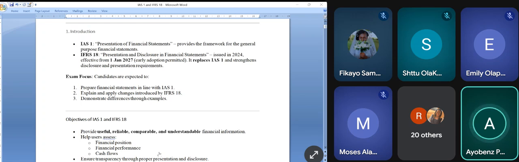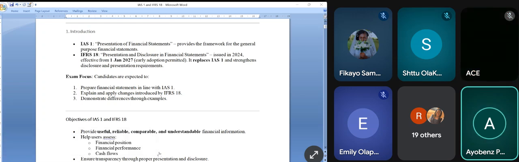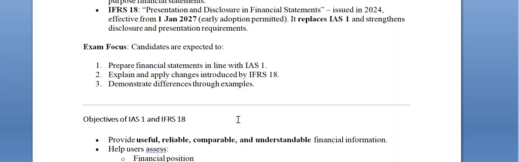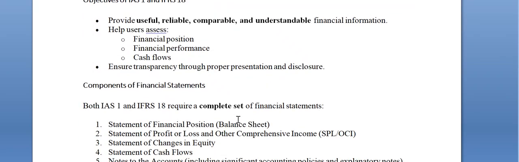And the essence is to give the users of the financial statement adequate information and for them to make a quality decision. So that is that for that. Quickly, let's look at what exactly is in IAS 1 and what exactly is in IFRS 18.